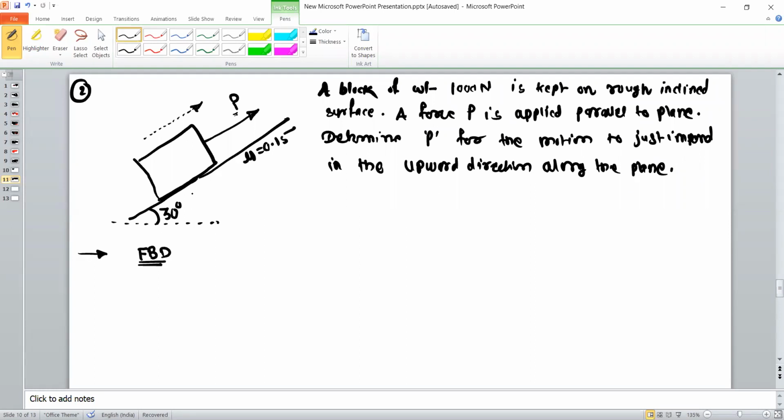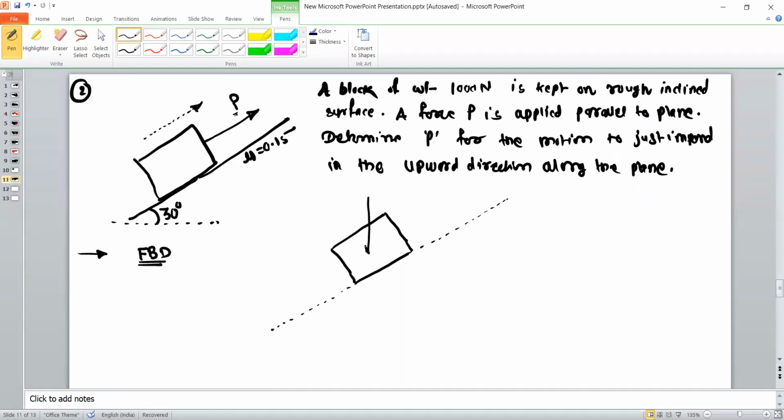So to solve this problem, first draw the free body diagram. So this is the given block, and this dotted line represents the plane. So the first force acting on this block is nothing but the weight.